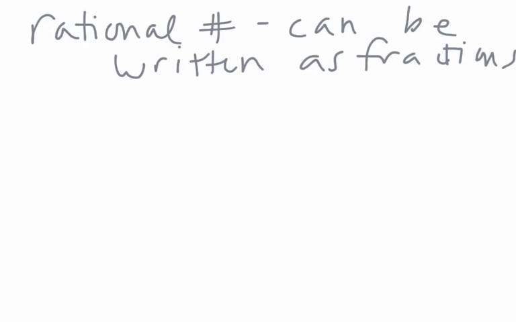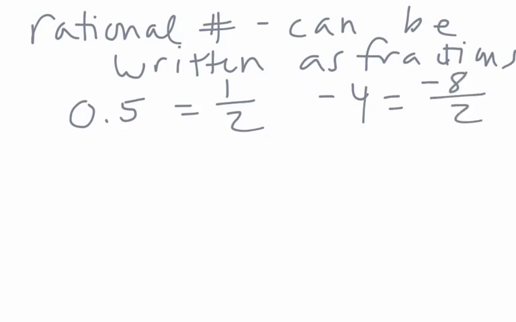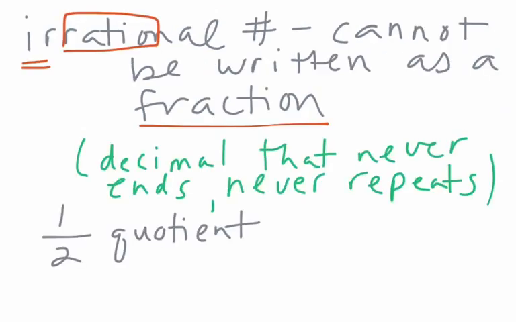It just means that they can be. So 0.5 is not written as a fraction, but I could write it as a fraction. -4 is not written as a fraction, but I could write it as -8/2. It's possible for me to write them as fractions. So that's what your rational numbers are: any number that can be written as a fraction.